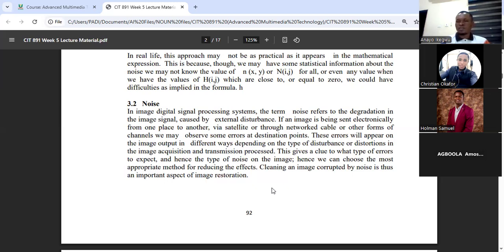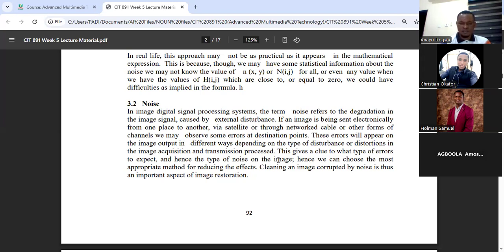Maybe you take a picture when it is raining, or you take some pictures when the sun is so bright. The reflections from the sun, or when the weather is dark, all of these could be external disturbance, and it will affect the image.